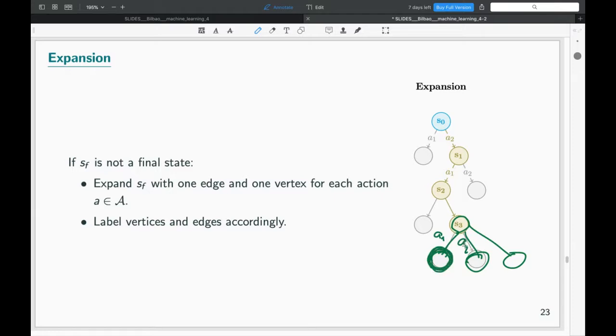If I take action A2 at state S3, I move to a certain new state, which I put here as a node, and then I put a vertex, and so on. So you just expand the final state you traveled to in the previous step with one vertex for each action, and you put labels accordingly. S4, S4 prime, I don't know. You put the names.